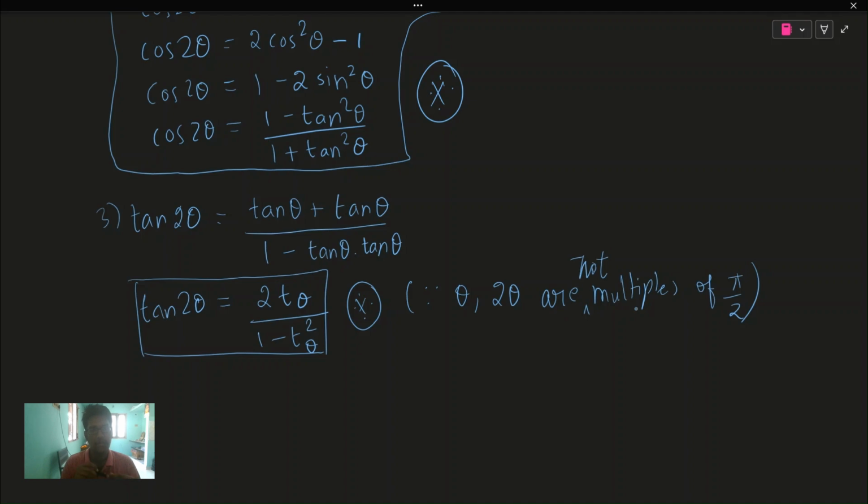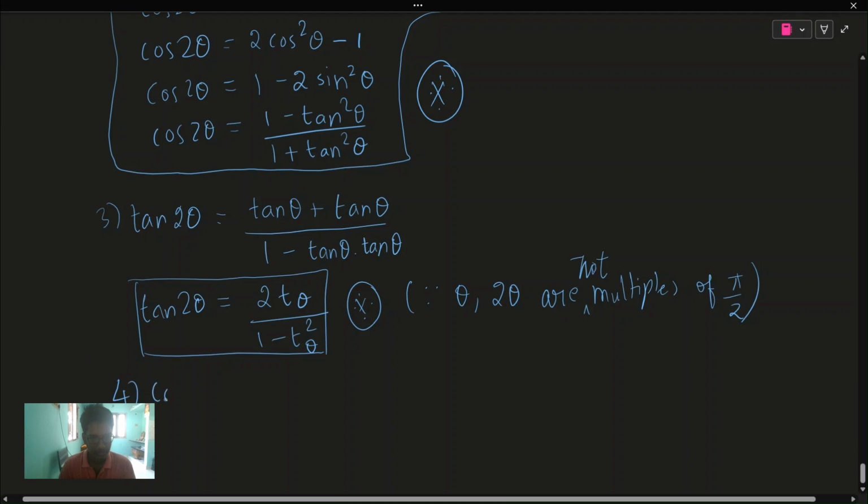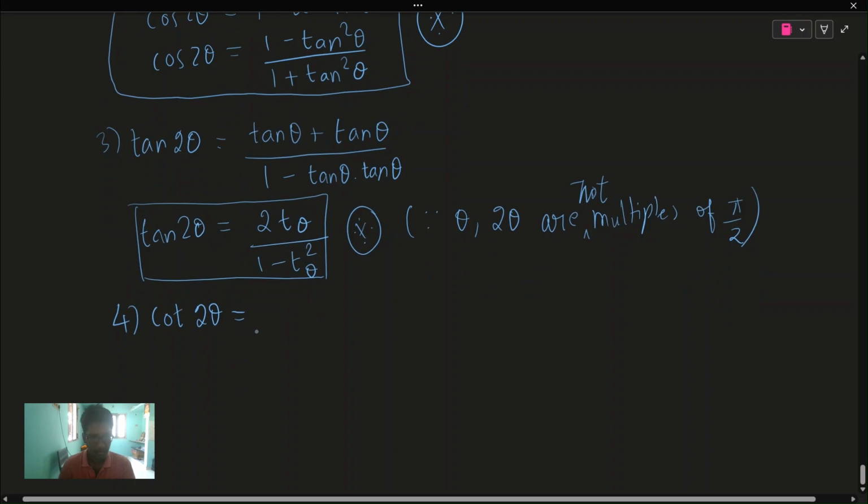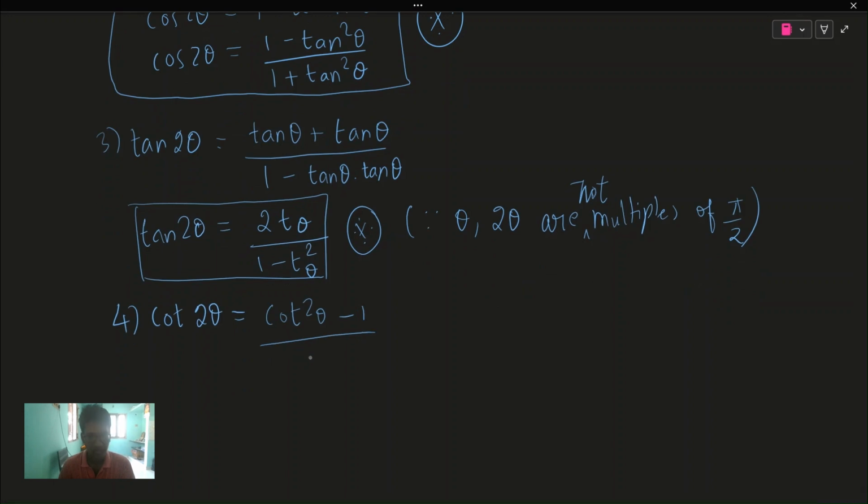So the denominator wouldn't adjust properly and it would lead to invalid values, like indeterminate values, where the limit does not exist. Same way cot 2 theta. Cot 2 theta is equal to cot square theta minus 1 divided by 2 cot theta.